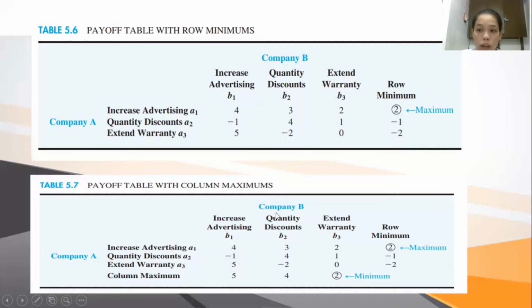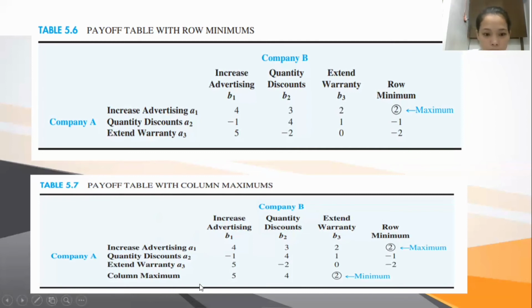So at this point, company B analyzed the game by protecting itself against the strategy that may be taken by company A. What company B did is identify the maximum payoff to company A for each strategy of B1, B2, and B3.